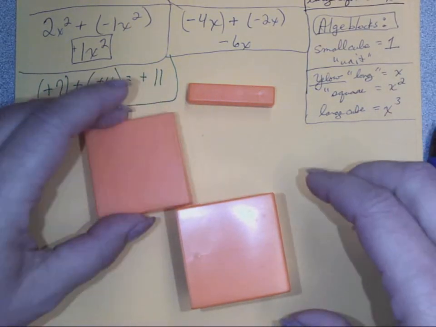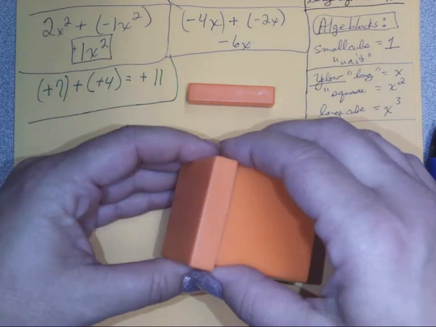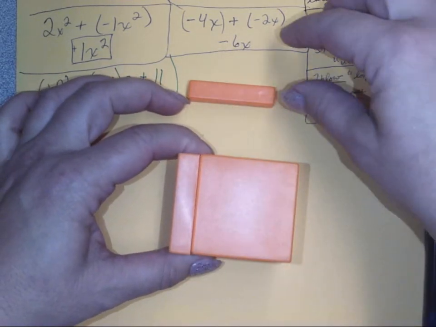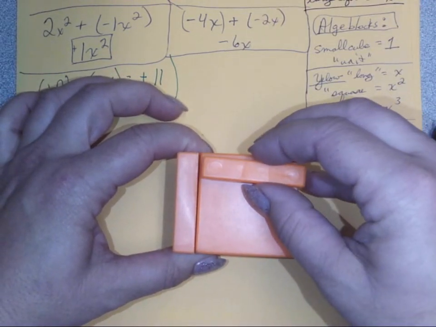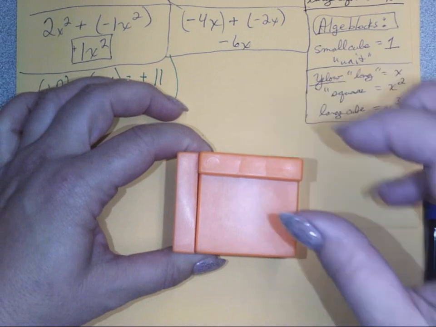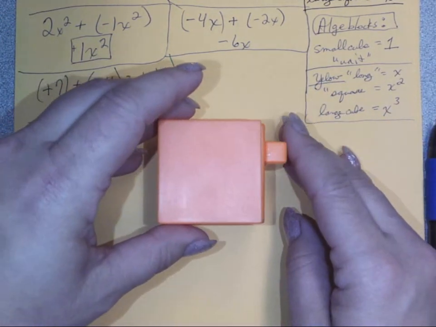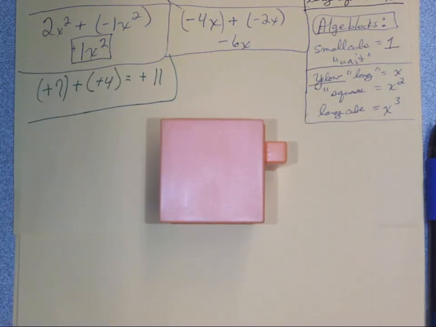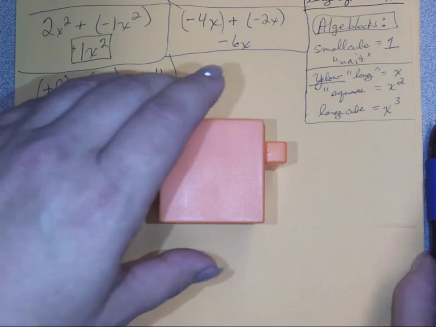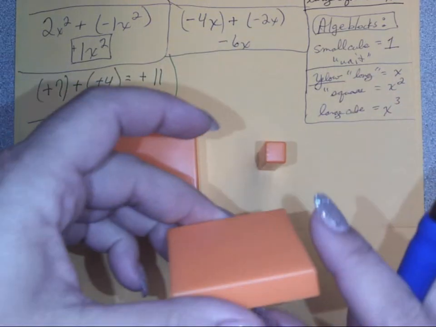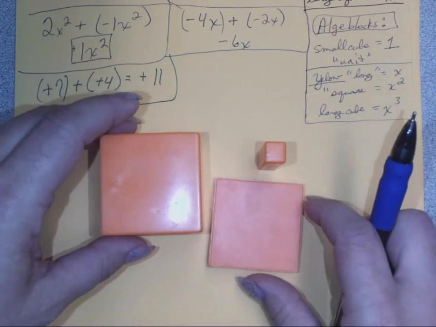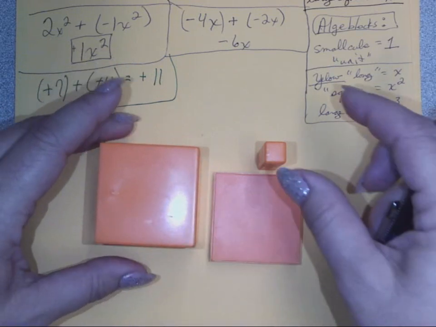You can tell the cube has this for the face, so he's a square across the face, and he has this for his depth. So certainly those match up. This is the long, this is the flat or the square of that, and this is the cube of that.